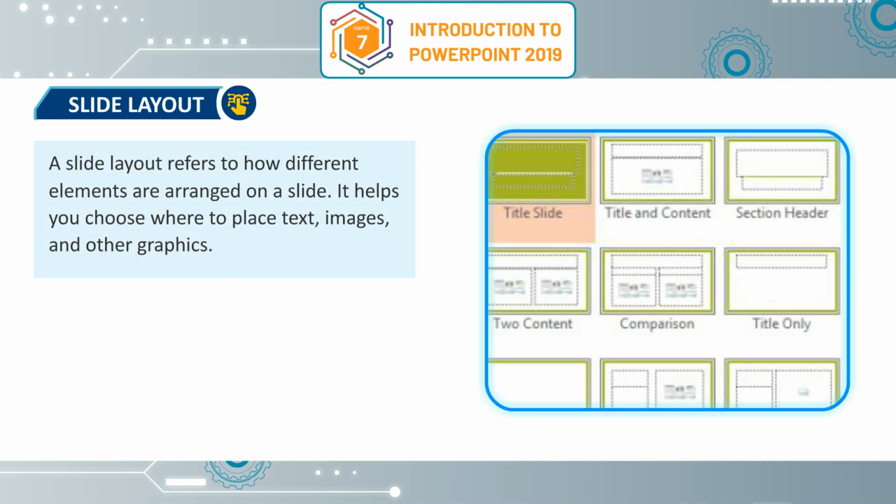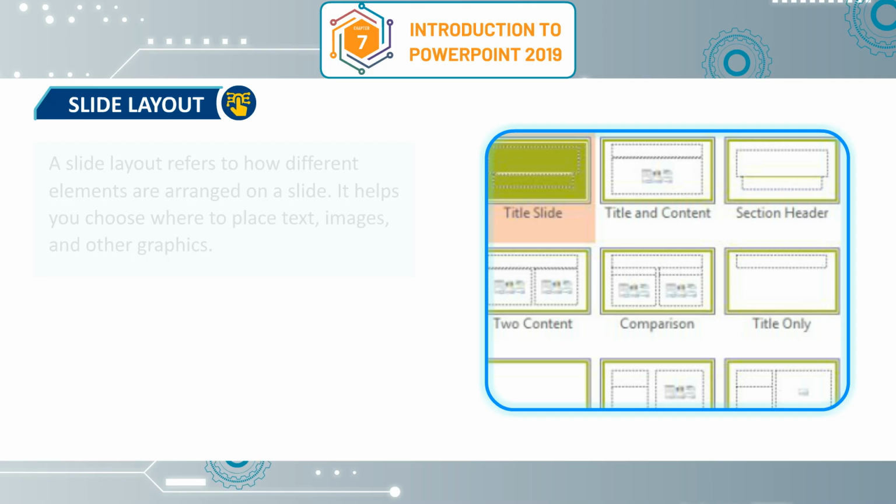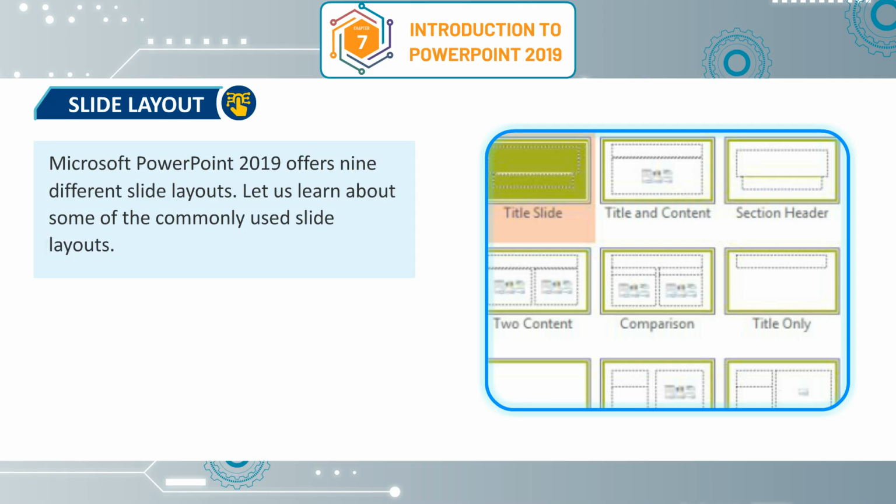Slide layout. A slide layout refers to how different elements are arranged on a slide. It helps you choose where to place text, images, and other graphics. Microsoft PowerPoint 2019 offers 9 different slide layouts. Let us learn about some of the commonly used slide layouts.